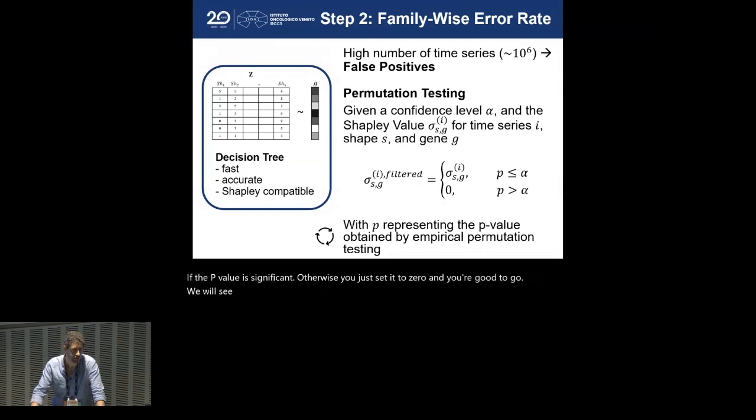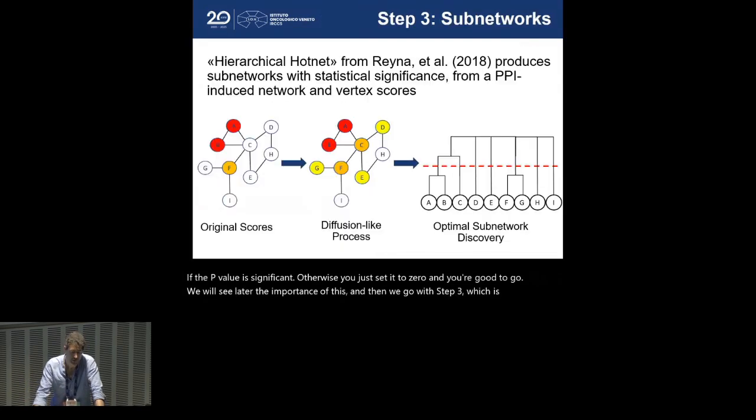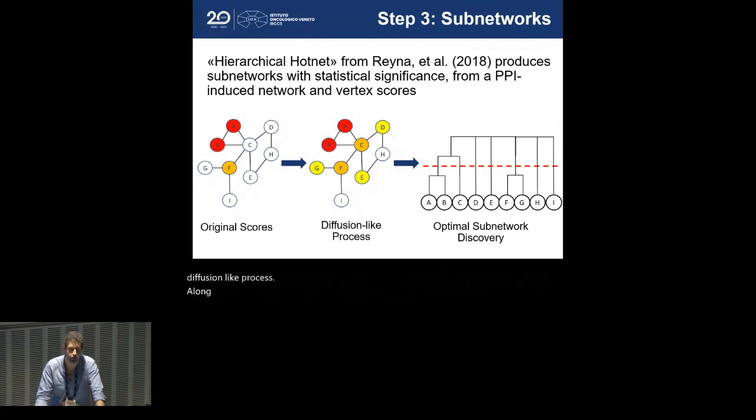And then we go with step 3, which is the actual subnetworks discovery. And for this, we took a version of the algorithm that is Hierarchical HotNet from Reyna et al. in 2018 that essentially works with random walk with restart. So you get this diffusion-like process along the network, the protein-protein interaction network.